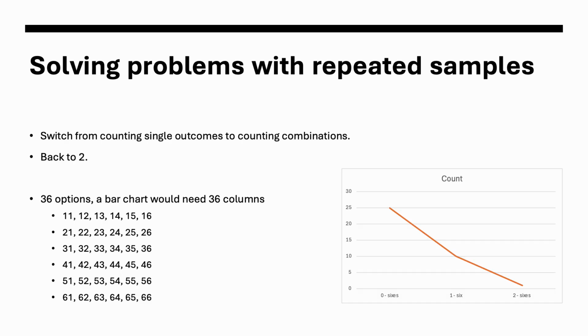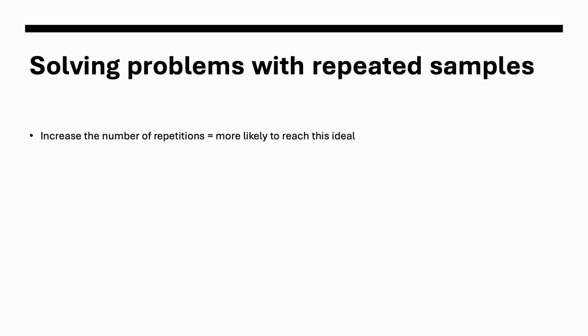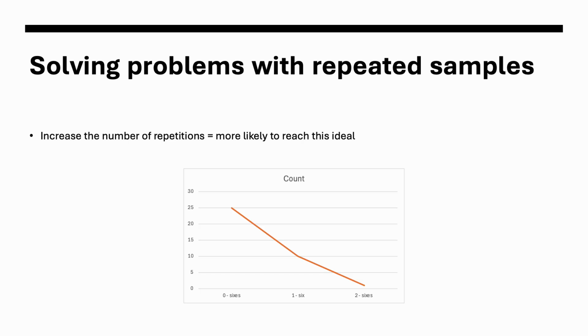And if we plot it, it ends up looking like this. That's strange. If we increase the number of repetitions, so we have 1,000 double dice rolls, then it would look closer and closer to this theoretical ideal based on what's possible. But this still looks weird.